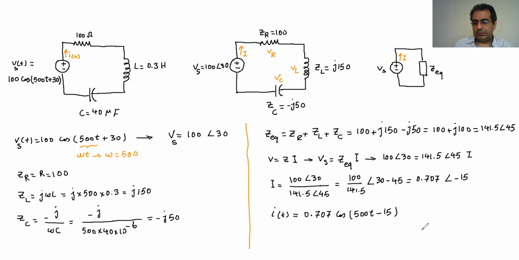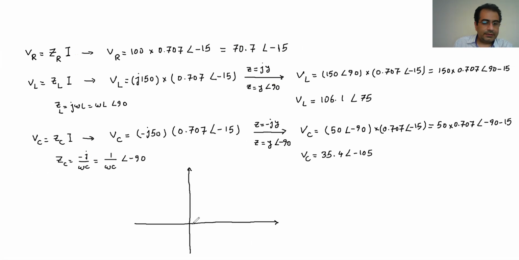I'm not going to draw it to scale, probably I can't. So 0.0707 with an angle of negative 15. So it's going to be the I, and this angle is going to be negative 15. Then the next thing I have is the VR, and you can see the VR has the same angle as the I. Both of them are negative 15, but with different magnitudes.